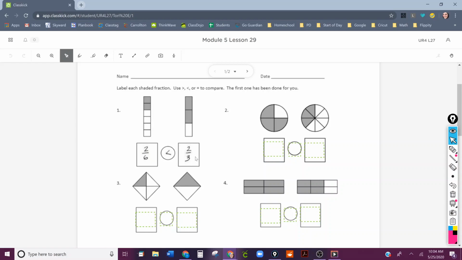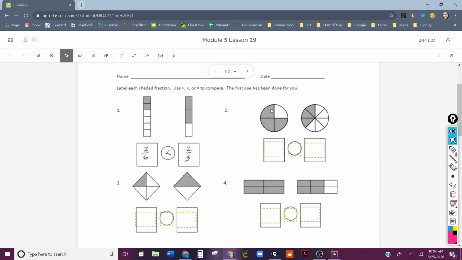Over here they shaded 2 pieces out of 3, and then they compared the fraction in the middle. So this side is less than this side. It covers less space, but we also know that because if the denominator is bigger, the fraction is smaller. 6 is bigger than 3, so that means this is smaller.